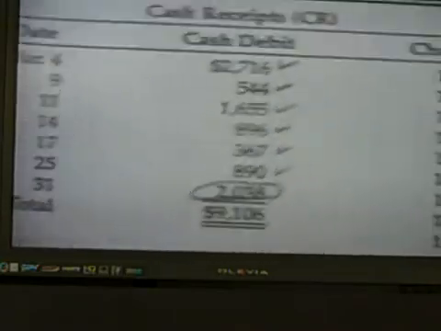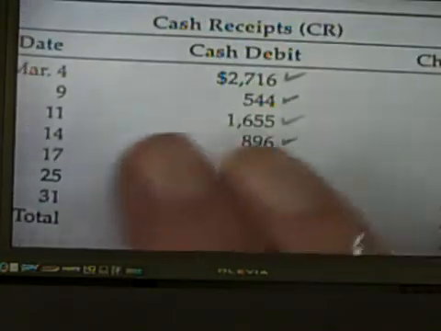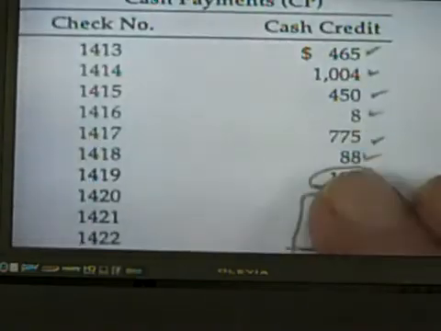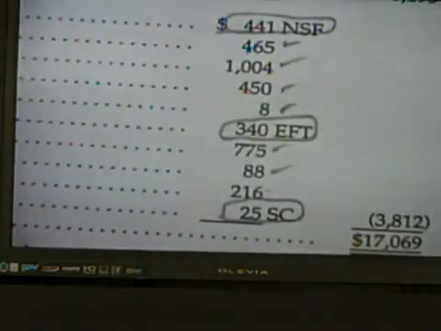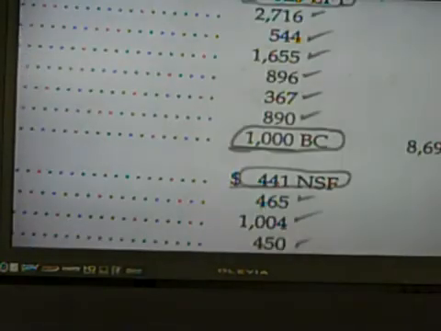So that's how we pick out the differences between what we've done on our books, our cash receipts, our cash payments, and our bank statement. So that's the first step. Now, a lot of times in your textbook, somebody will have already picked out those differences for you, and you won't have to pick out the differences, because a lot of times you'll be given a list of the differences and the things that have already been done.